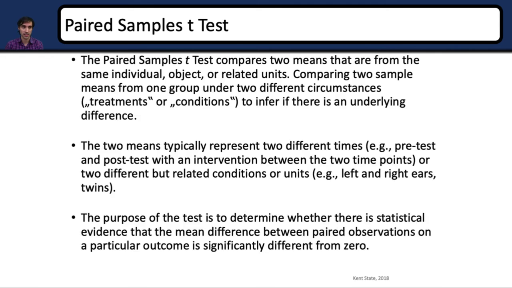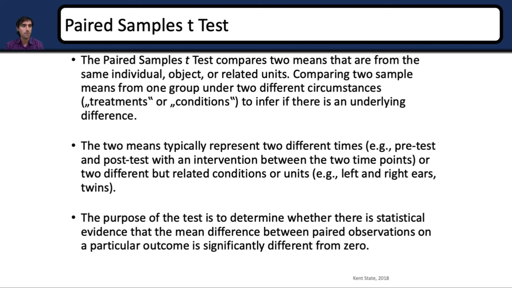which is the paired sample t-test. These compare the two means from the same individuals, the same object, related units, just something of the same at 2 different times. Consider it maybe the treatments or the conditions over time. As I mentioned earlier, these can be considered like pre and post, and you can even do a pre-post and then a post-post.